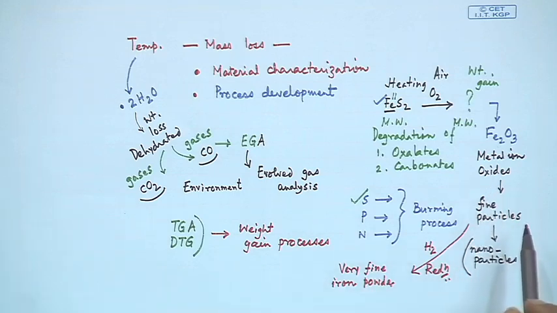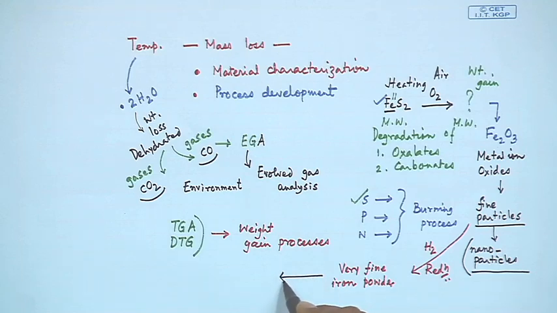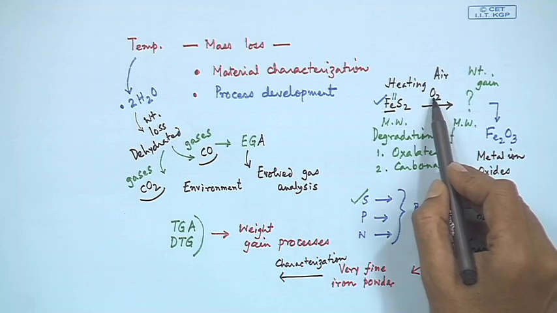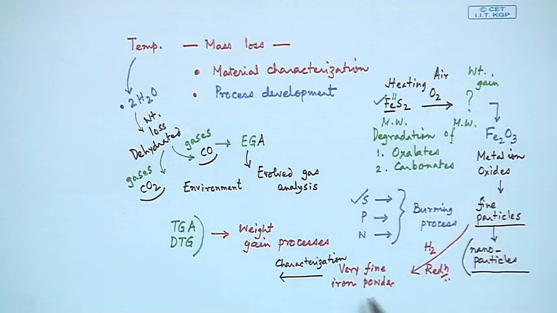Now we try to monitor these iron particles, because they are fine particles. You can functionalize these as nanoparticles, but again, in terms of simple characterization, how good they are, because sometimes if these particles are very fine, they immediately react with the O2 present in air, and these fine particles will be pyrophoric in nature. They can be pyrophoric, they can be catalytic, and they can have other good uses.